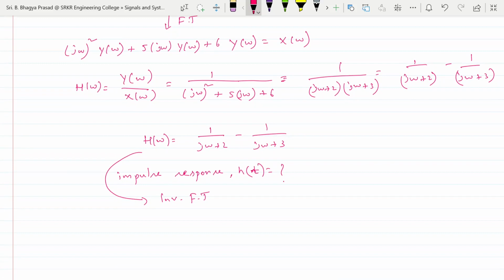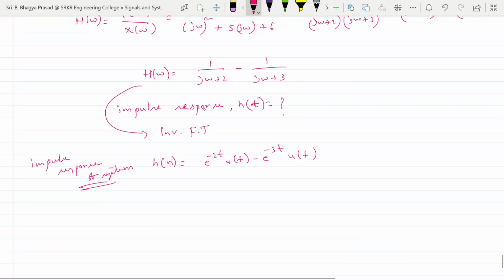Applying the inverse Fourier transform to the above expression, you will get h of t equal to e power minus 2t u of t minus e power minus 3t u of t, and this is the impulse response of the system. So the first task was completed.